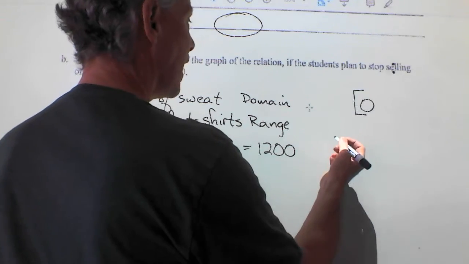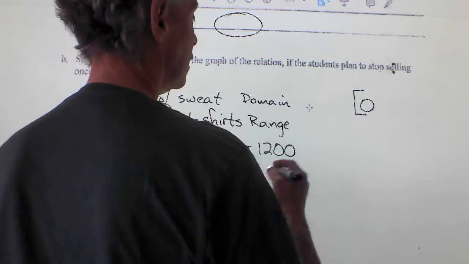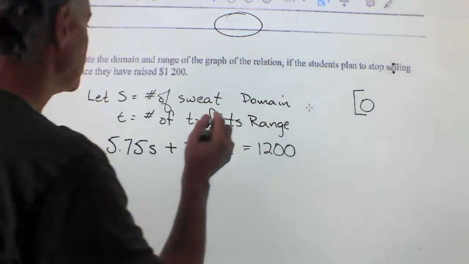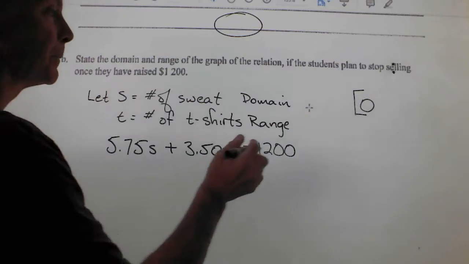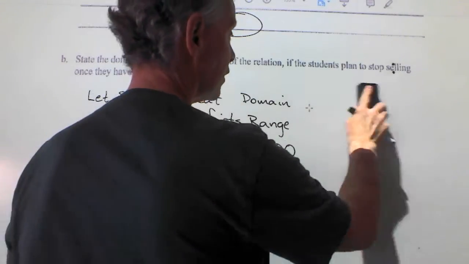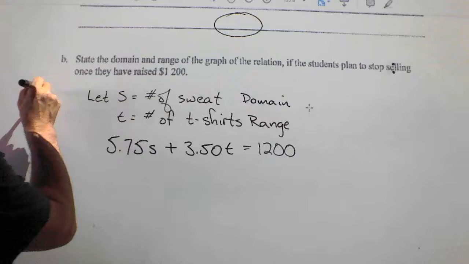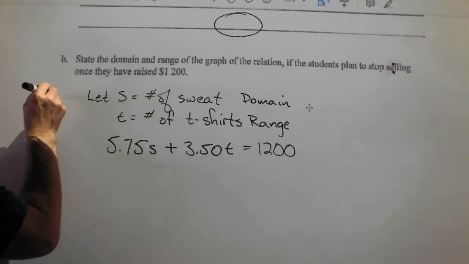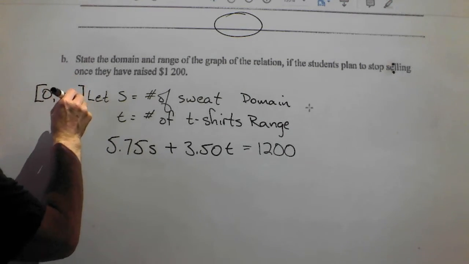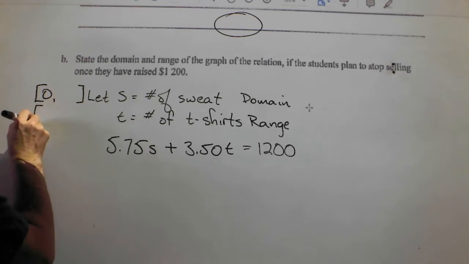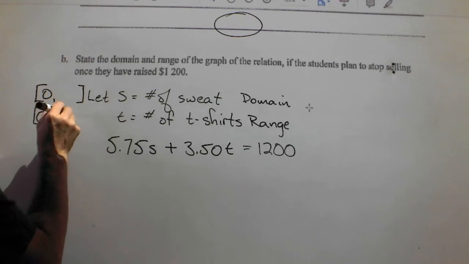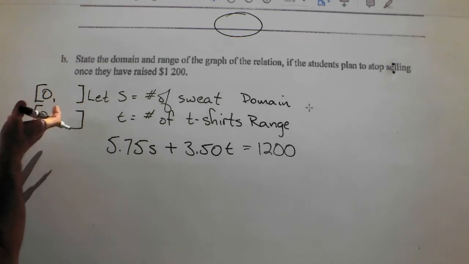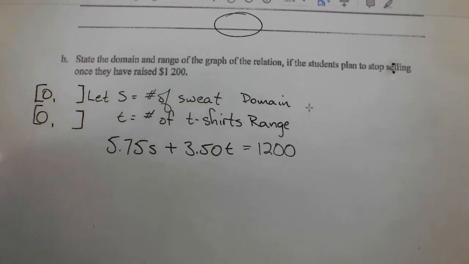So, that would equate to, and where's our equation? Let's just put this over here for our domain. Our range will use the same logic. By the way, this is interval notation. Remember that from last chapter? Okay.